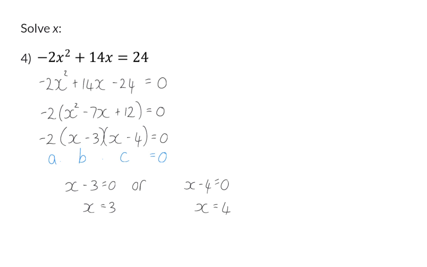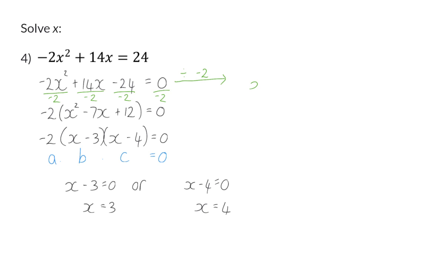When working with an equation, you can also choose to, rather than taking out a common factor, divide by that common factor straight through. As long as you remember to do whatever you do on the left-hand side, on the right-hand side as well. So here we could have chosen to, after the first step, rather divide by the common factor of minus 2.